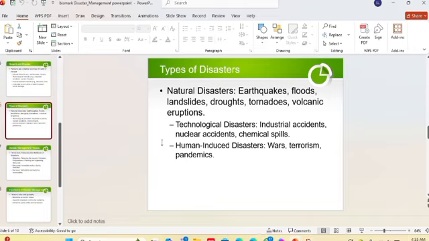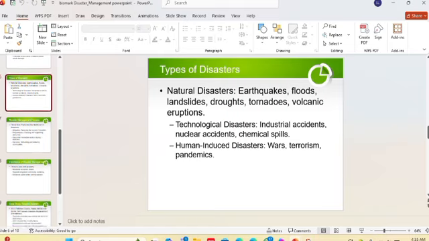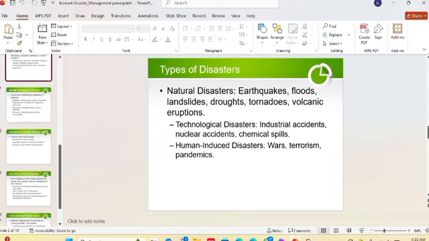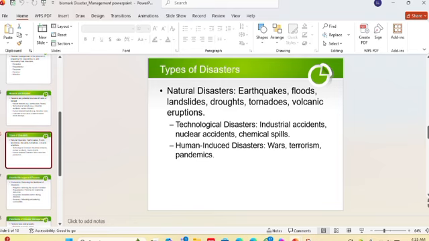Then we have human-induced disasters. Those include wars, terrorism, and pandemics. Those are examples of disaster.